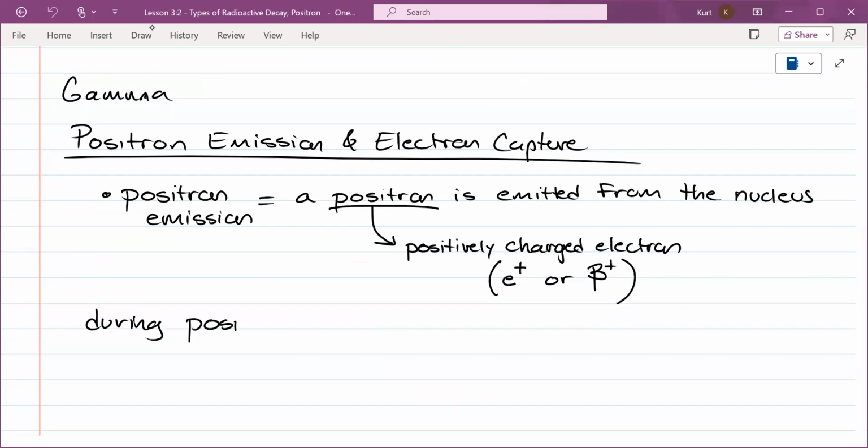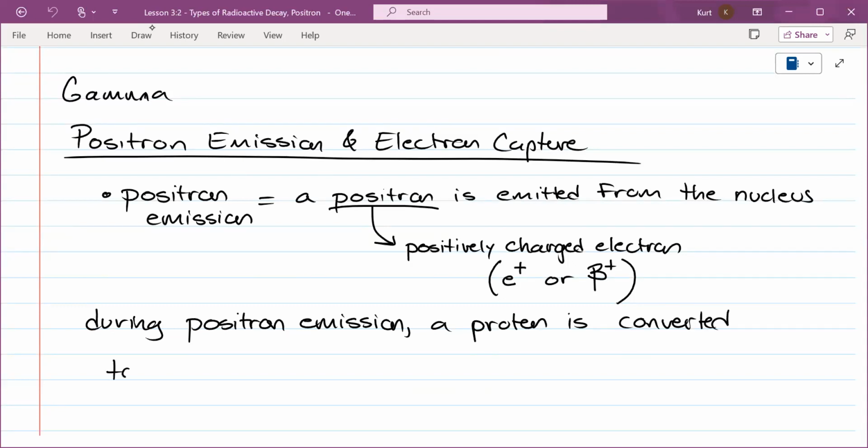During positron emission, a proton is converted to a blank and a blank.